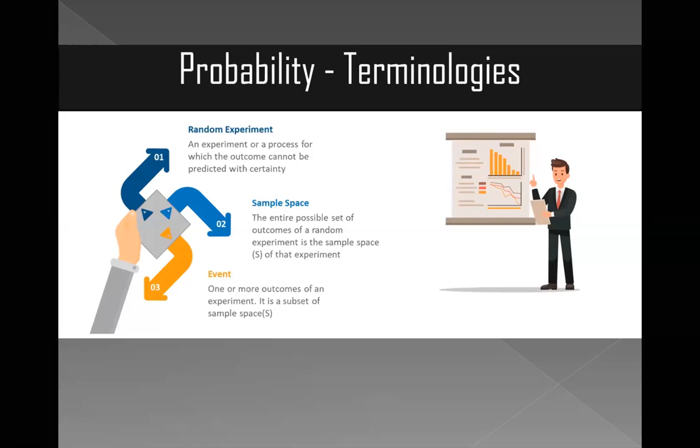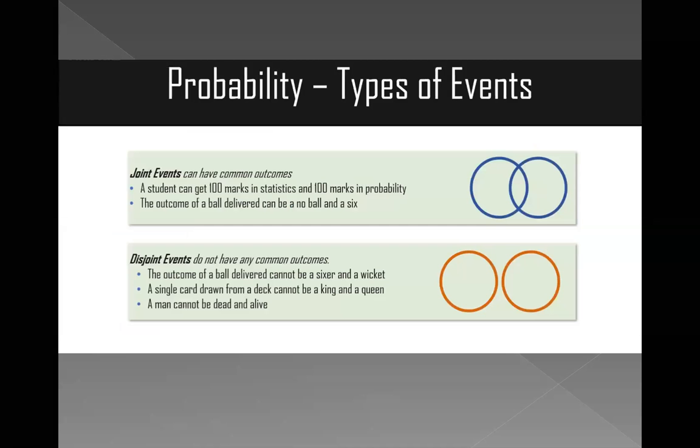An event is one or more outcomes of an experiment. While you are rolling a dice, you get one outcome, and we call that an event. Now the types of events: we have to know these, especially while working with ML models and discussing feature engineering.